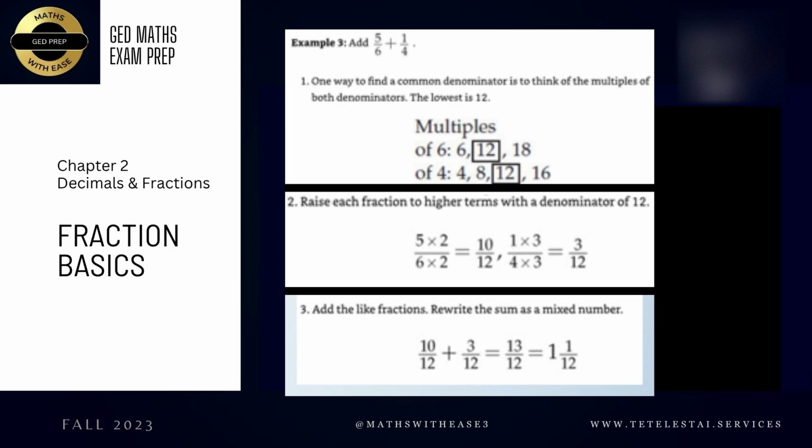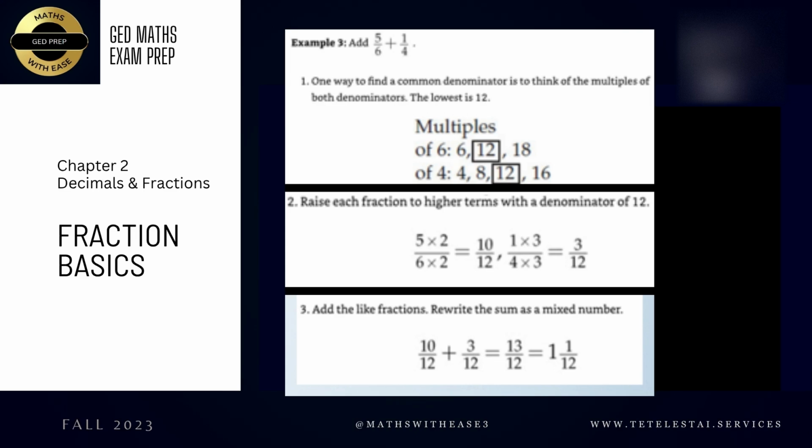Because we can keep going, and we would find they also share 24, because 6 times 4 is 24, and 4 times 6 is 24, but it's not the lowest multiple, is it? 12 is, right? So you always want to pick the lowest multiple. And in this case, it's 12.